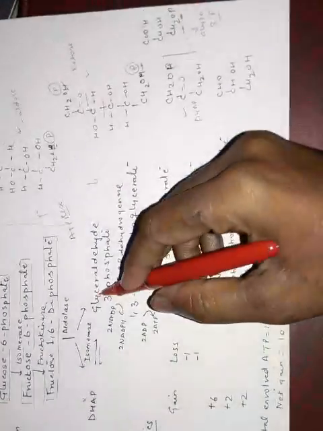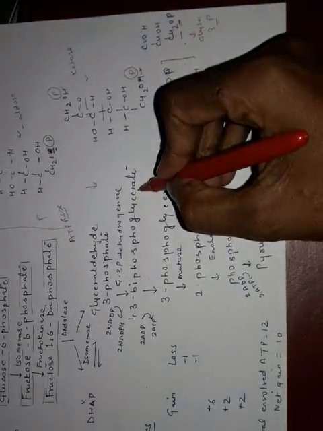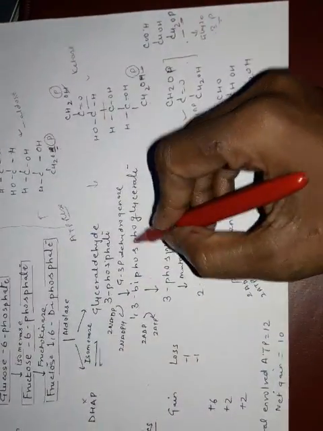In this process glyceraldehyde 3-phosphate is converted to 1,3-biphosphoglycerate.